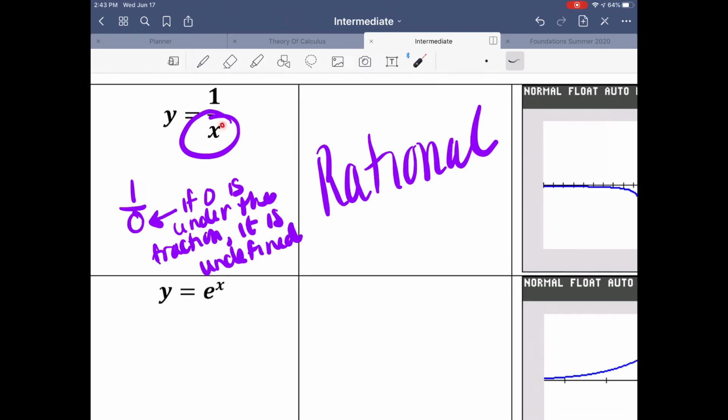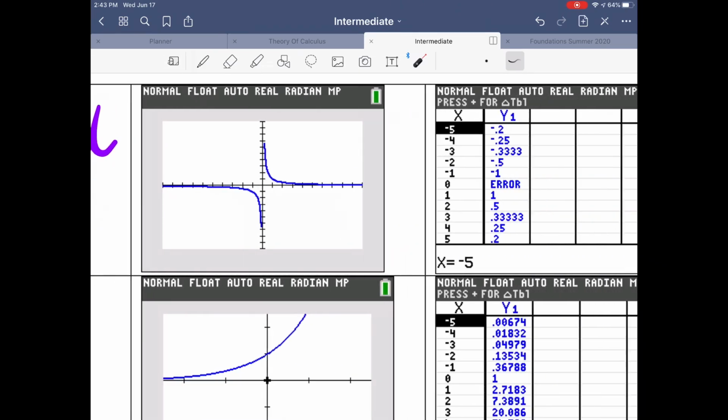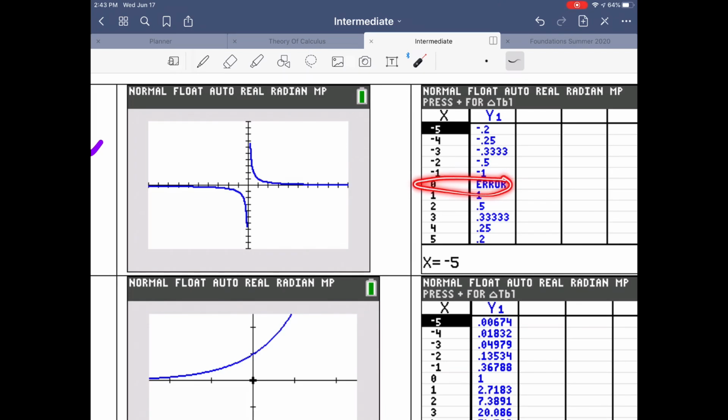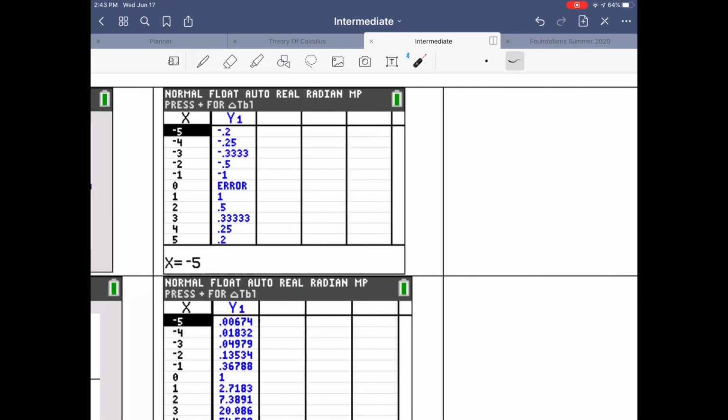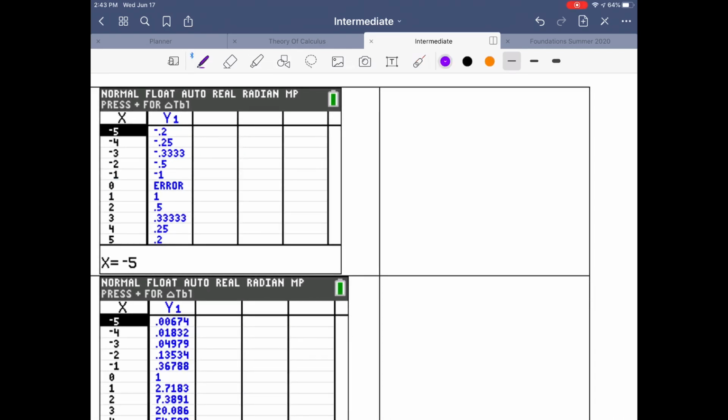And so when x is 0, it makes an undefined number and causes an error. So that means, yes, this is a function.